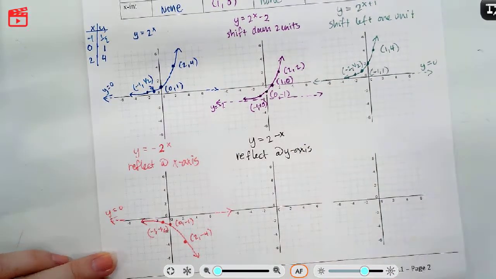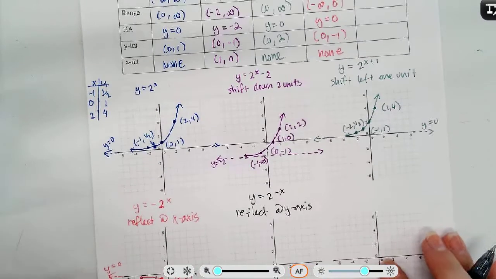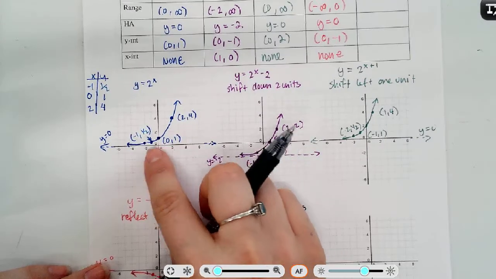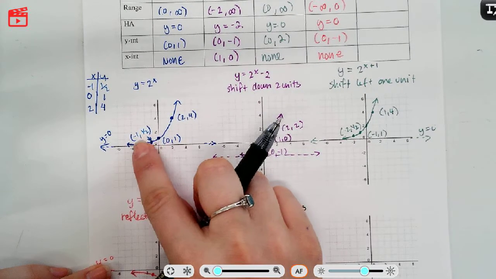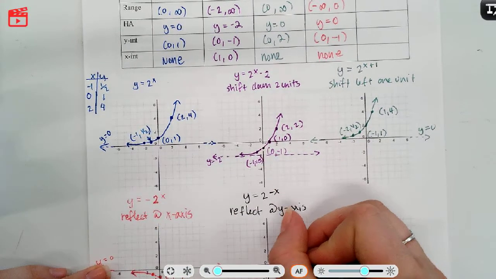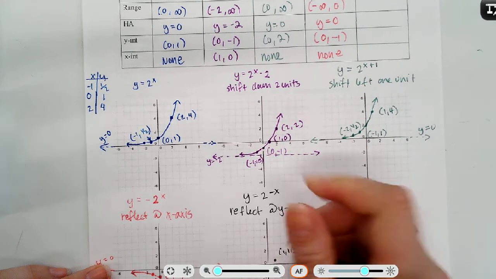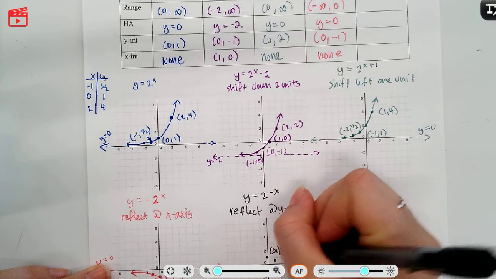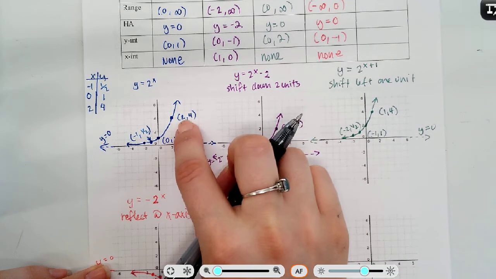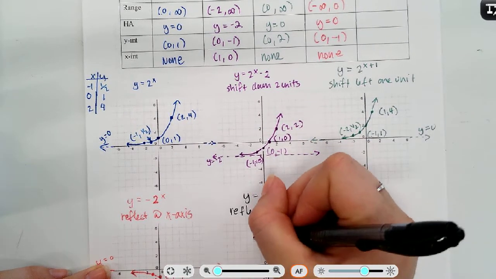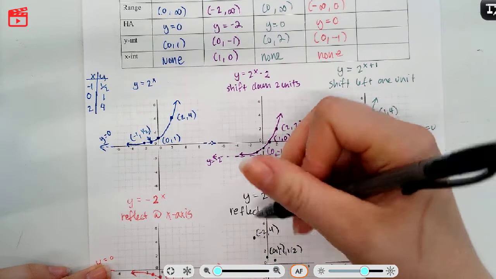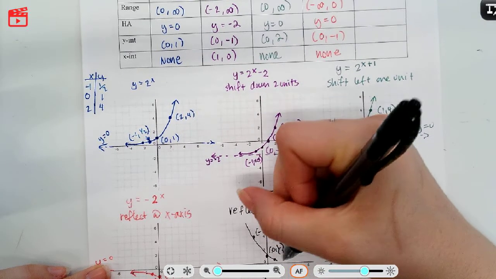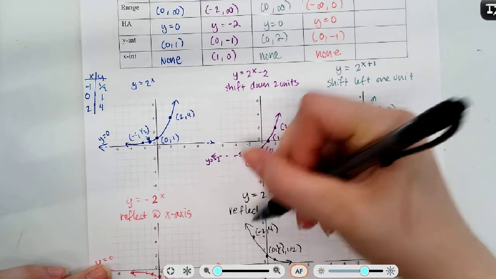Which means we multiply the x values by negative 1. So that'll be (1, 1/2), that'll be still (0, 1), and multiplying the x value by negative 1, that'll be (-2, 4). And nothing happens to our horizontal asymptote. It stays the same.